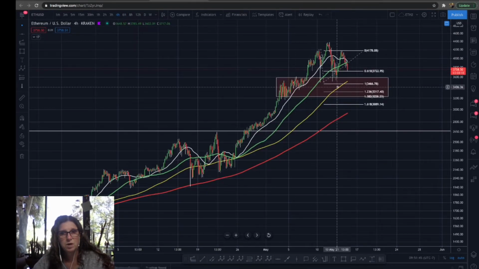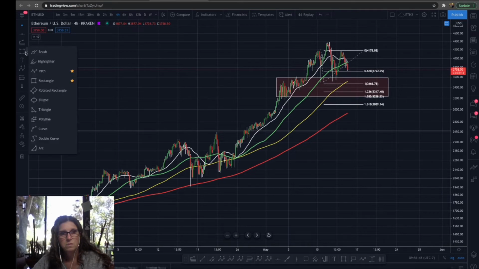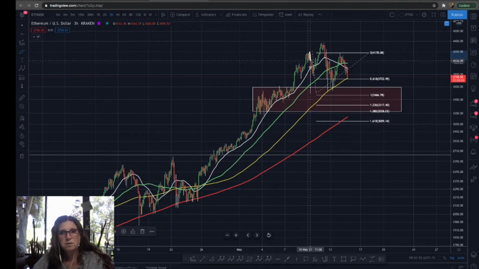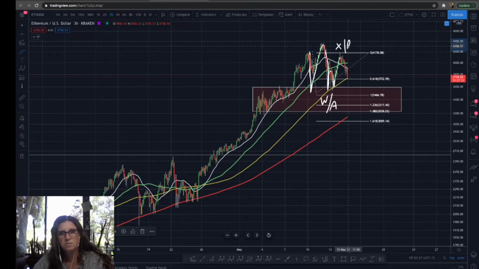So let's talk about this correction. I see this being an A, a B, and a C, which is a W, same scenario here, a W or an A. Then we made this 3-wave move up, which gave us an X or a B. Now, all depending on how we move down here is how it'll be labeled.